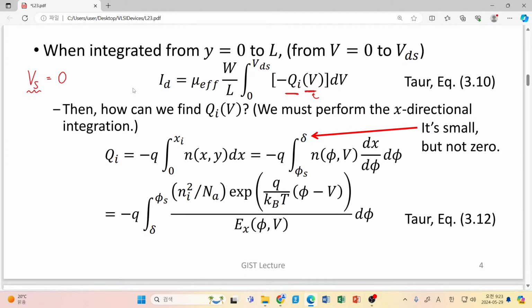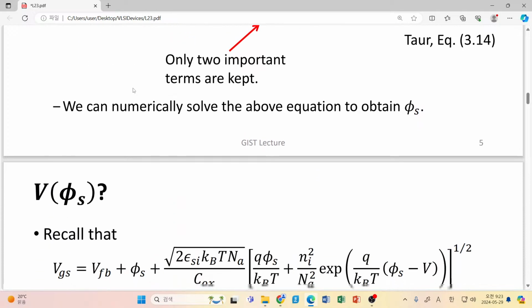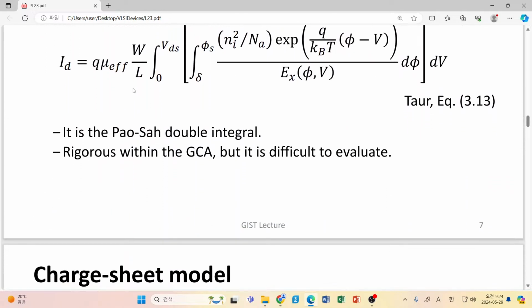This is quite a long story, so I wanted to just make an advertisement up to this page 7. We will try the most rigorous approach known to us. Up to here, without any further approximation, we can do it.